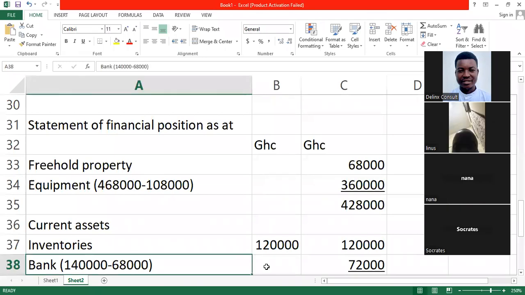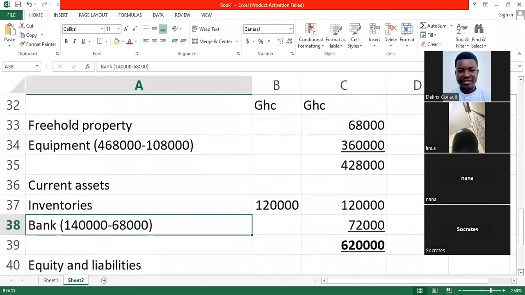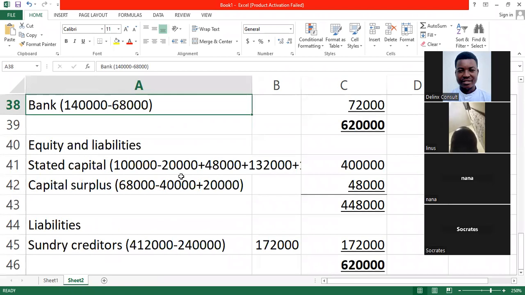Bring your bank, you do your adjustment. You can just do the adjustment in the statement of financial position. Nobody is going to do anything to you. The stated capital figure, you can also do it like this. The one that will add, you add. The one that will reduce, you subtract. Capital surplus, you do the same thing. Sundry creditors, you do the same thing. And you are good to go. You are saving time. So this is basically what they're asking us to do.